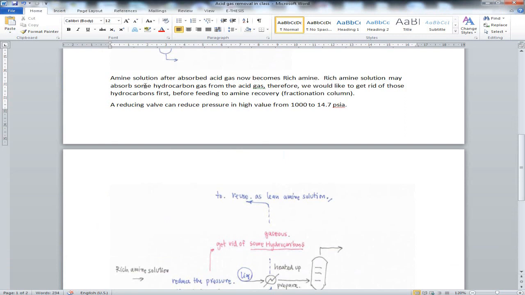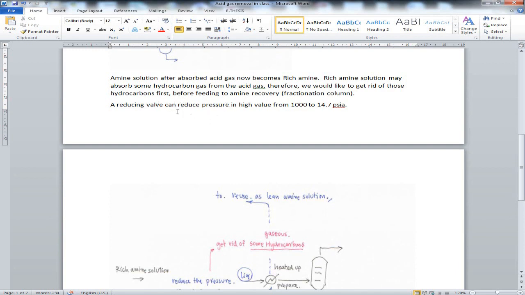The rich amine may absorb some hydrocarbon gas, what I mean is C1 to C7 from the original acid gas. Therefore, what we need to do is to get rid of those hydrocarbons first before doing the recovery. The way to do it is very simple, by putting a reducing valve.